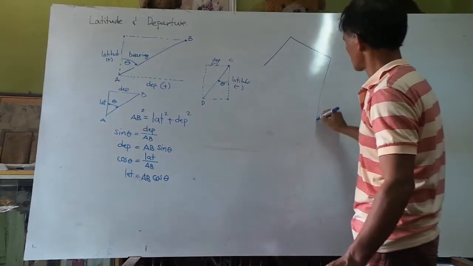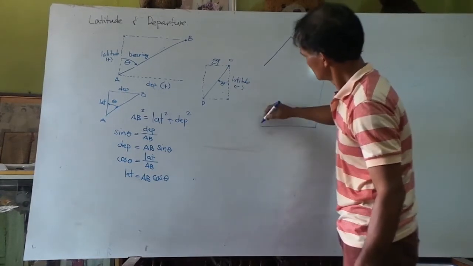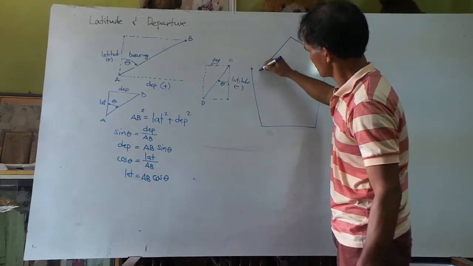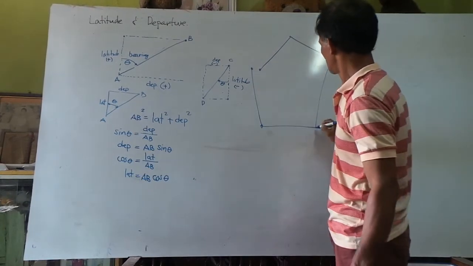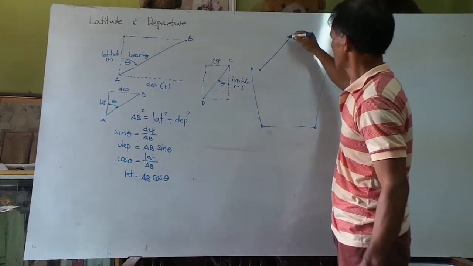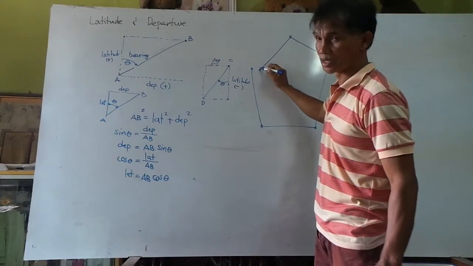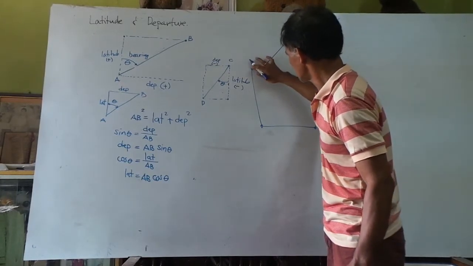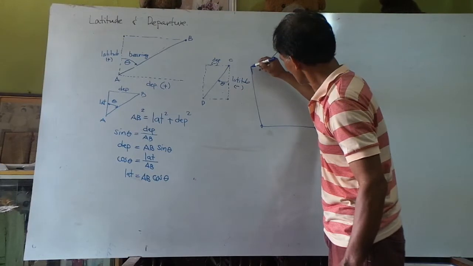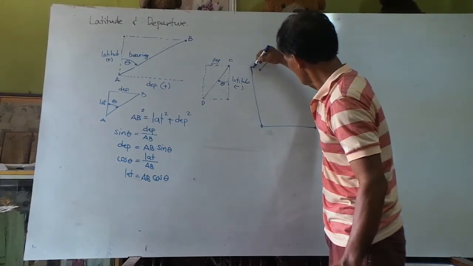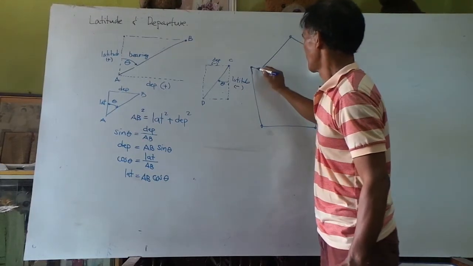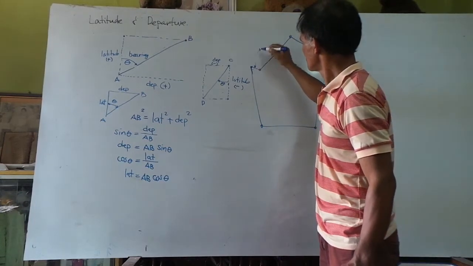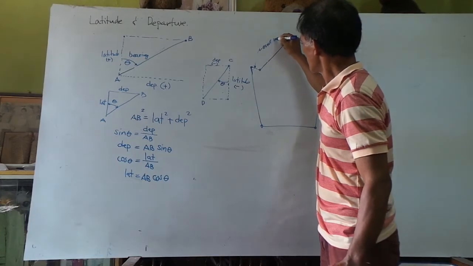If this is our closed traverse and the summation of latitude and departure is not zero, then there is an error. The lines do not meet, so we have an error of closure.